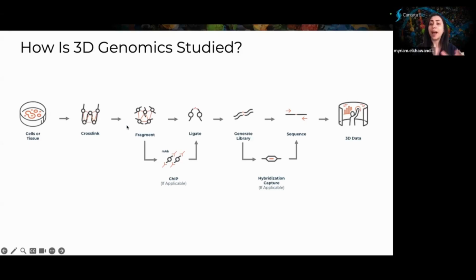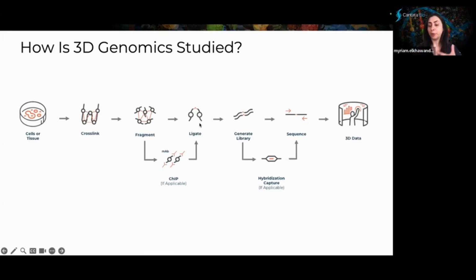Then you fragment that cross-linked chromatin and perform the proximity ligation, where you ligate fragments into chimeric DNA molecules. So what you have here is a chimeric DNA molecule that links two regions of the genome that were co-localized in 3D space, but don't come from next to each other in the linear physical space.